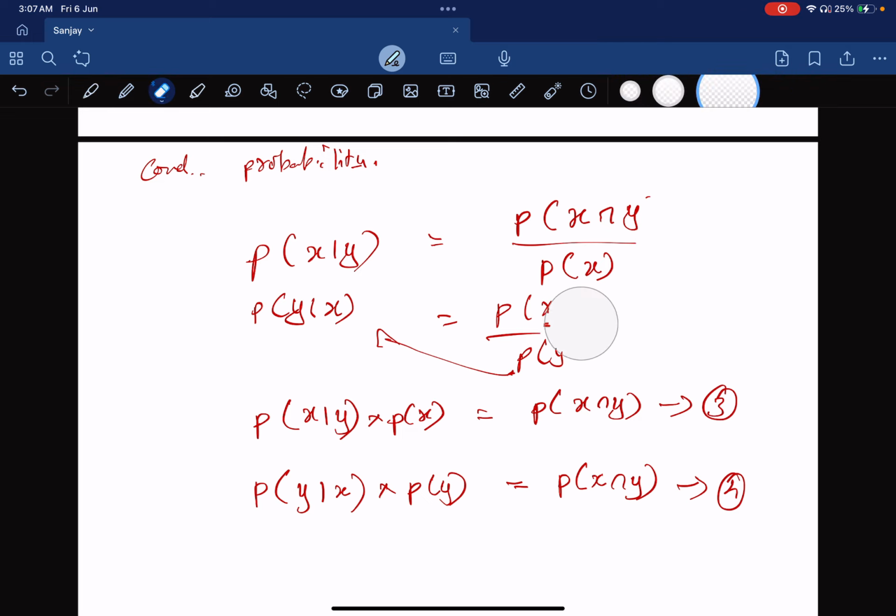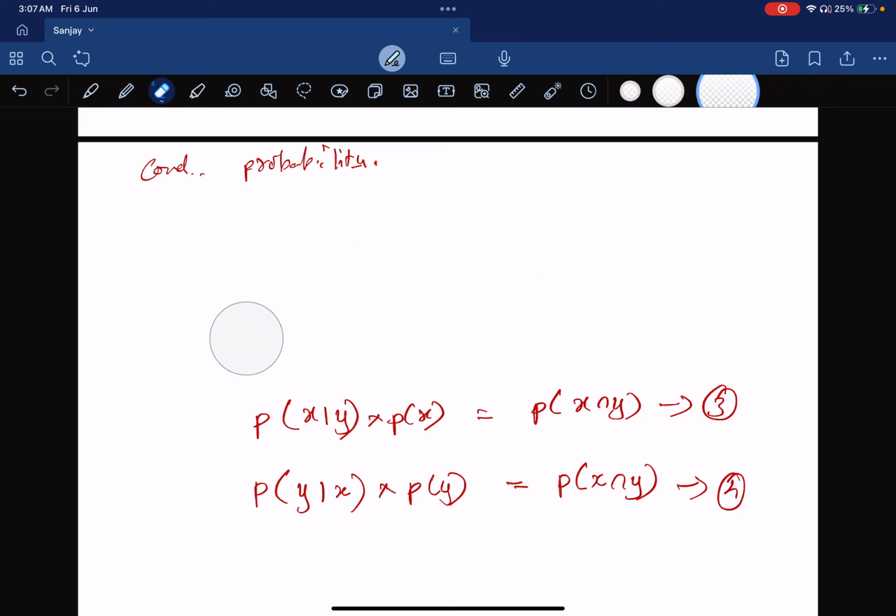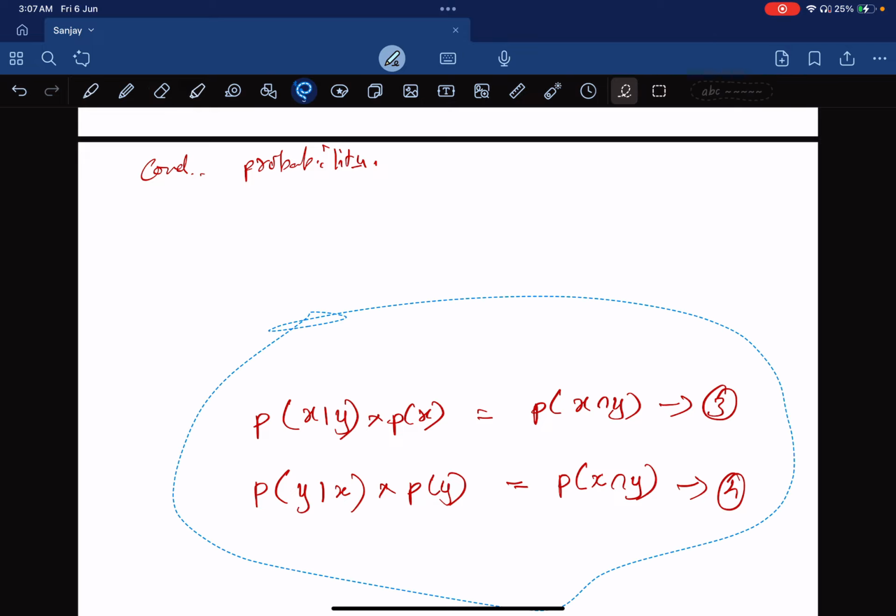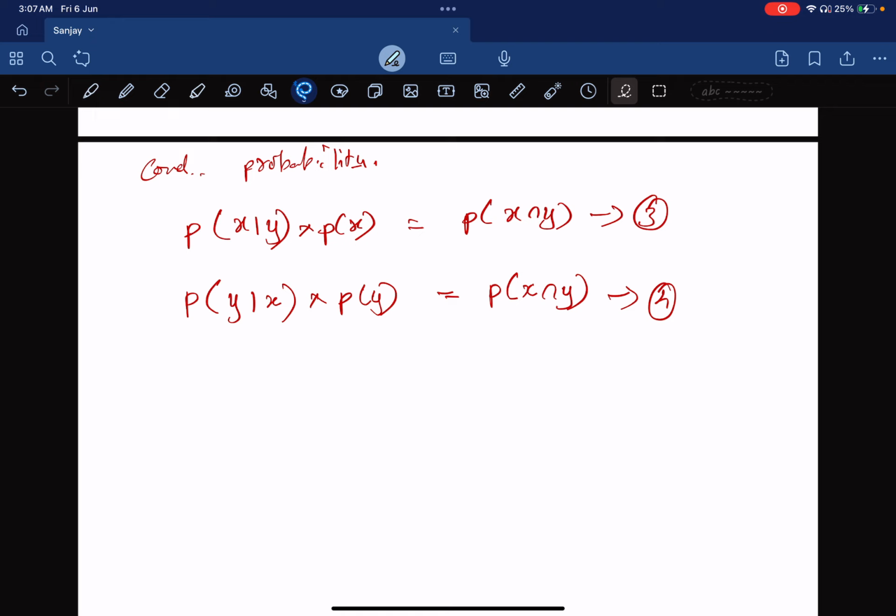Let me erase equation number 1 and 2. If you equate them, P of x given y into P of x equals P of y given x into P of y.